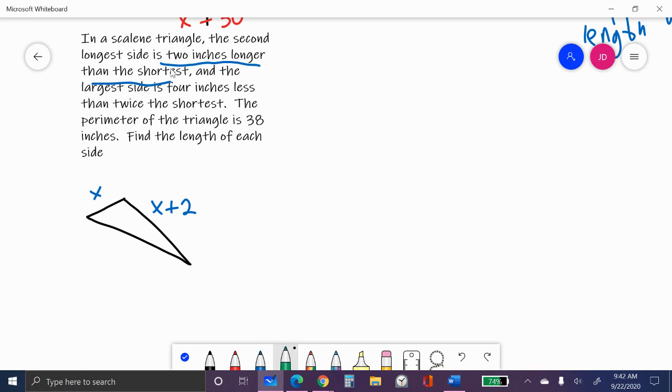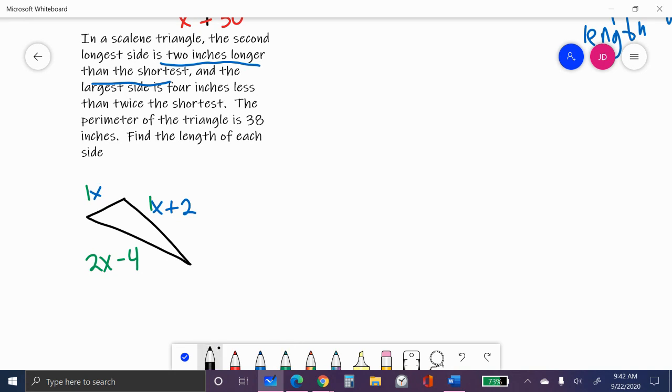The largest side is 4 inches less than twice the shortest. So 4 inches less than is minus 4, twice the shortest. And again, to remind you, there's a 1 out in front of the x's.